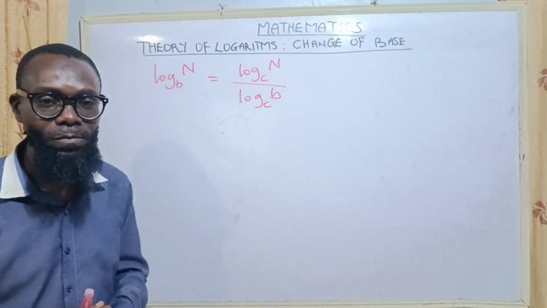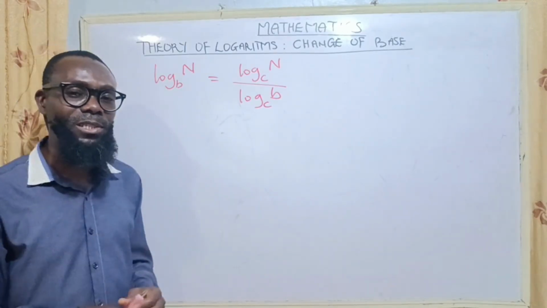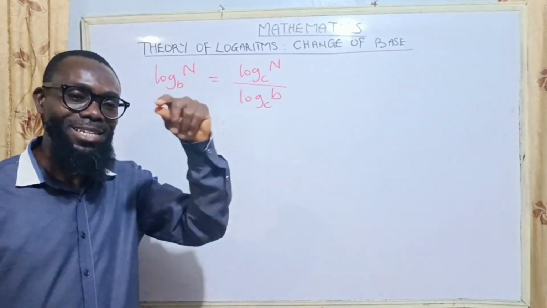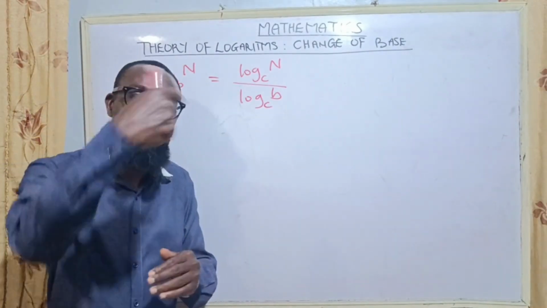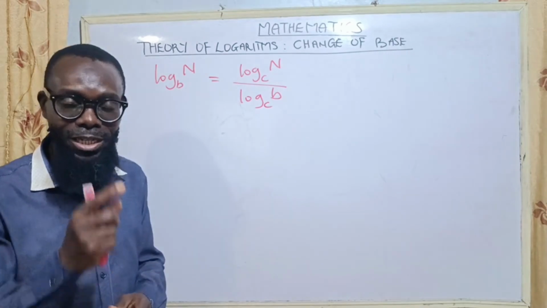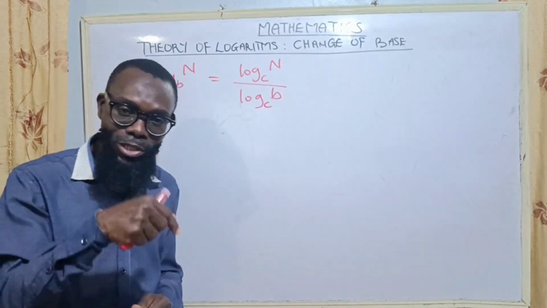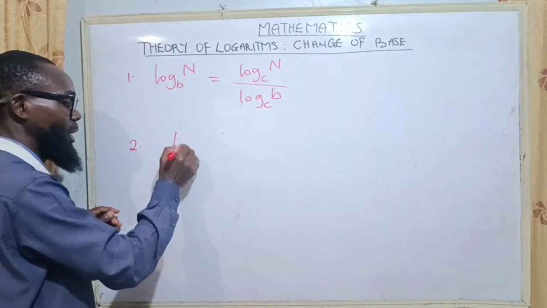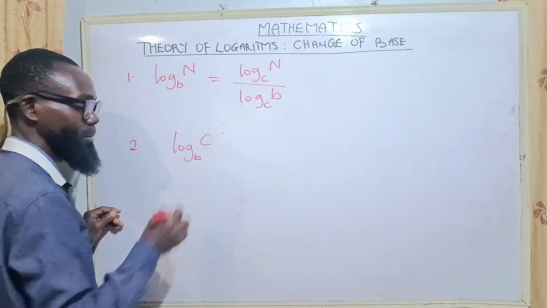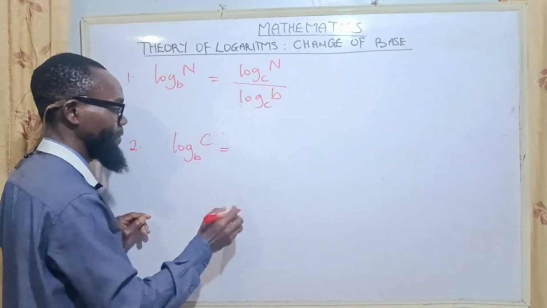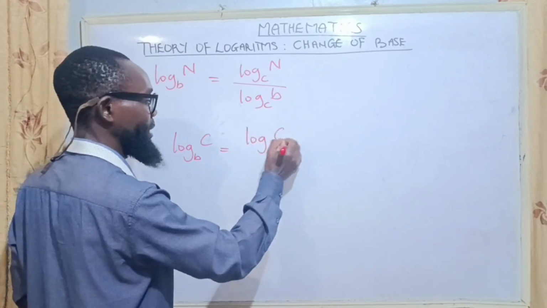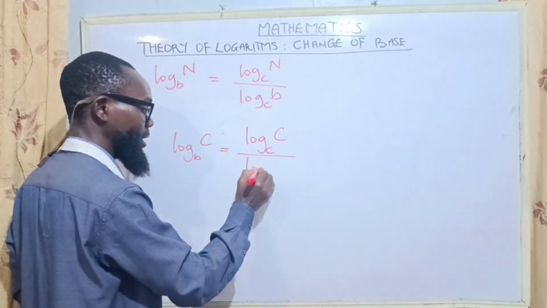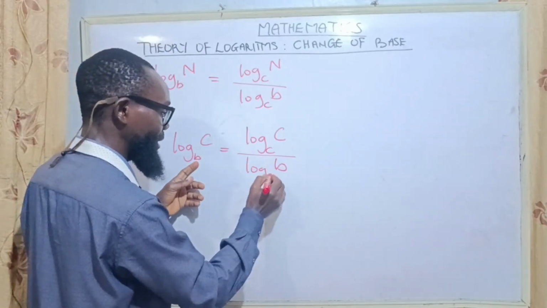That is the first method. The second method is using the letter in the given question as our base. Using the letter in the given question as what? As our base. Let's say, for instance, log c base b. I can make it this way: log c to base c over log b to base c.